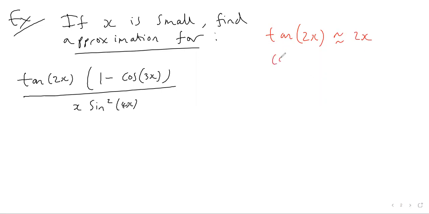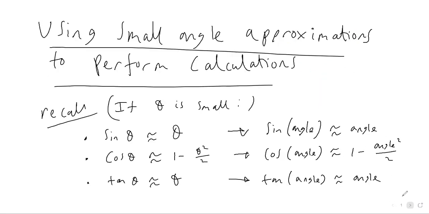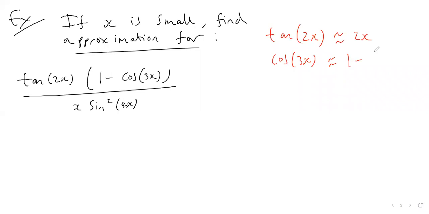Now let's go to the cos one. We've got cos 3x. Remember, cos of the angle is approximately 1 minus the angle squared over 2, so this is 1 minus the angle 3x all squared over 2, which is equal to 1 minus 9x squared over 2. Then our next one is sine of 4x.